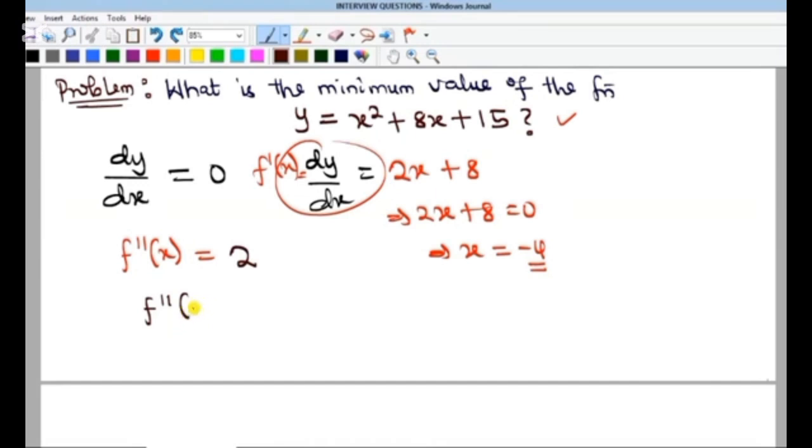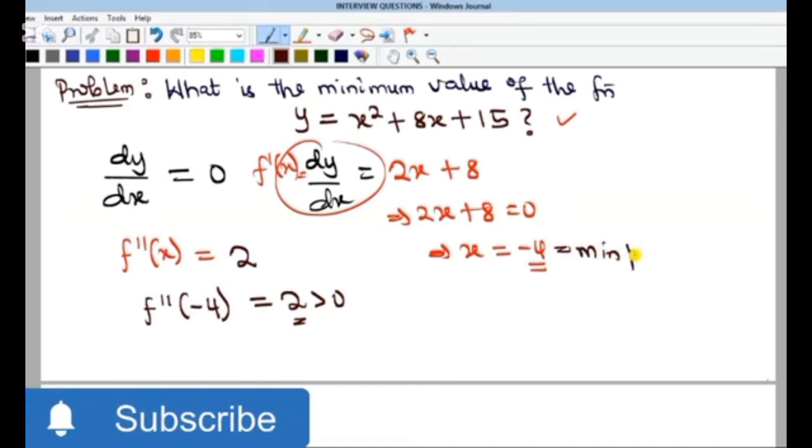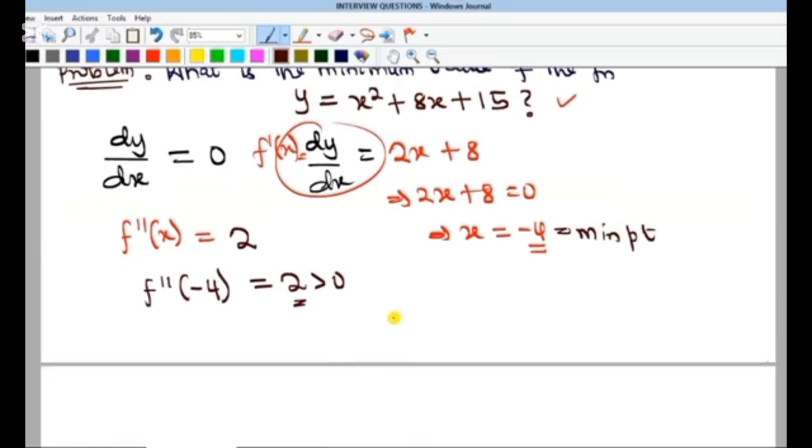So let's substitute the value here. Of course, whatever value you put here as your x, you will still get 2, because this is a constant function, right? And since 2 is greater than 0, it implies that our negative 4 is a minimum point. Okay, so having seen that, all we need to do now is to substitute that into this function.